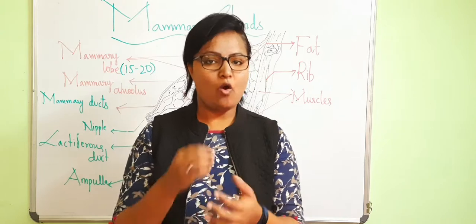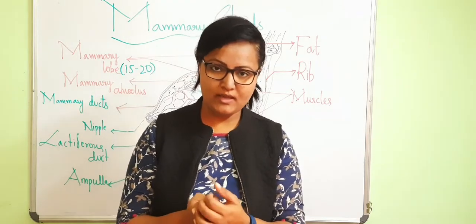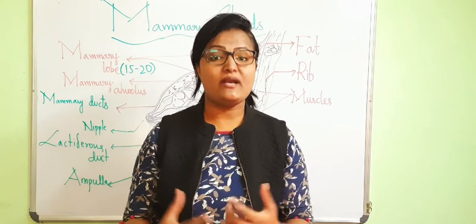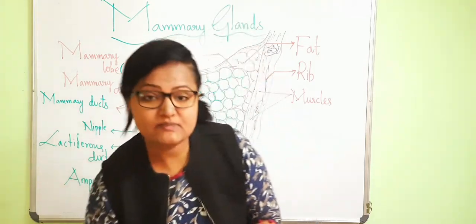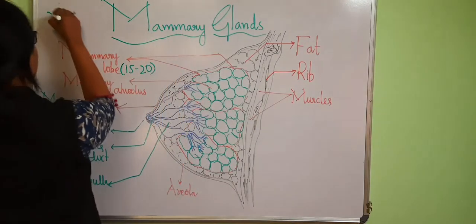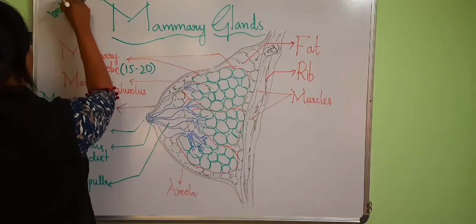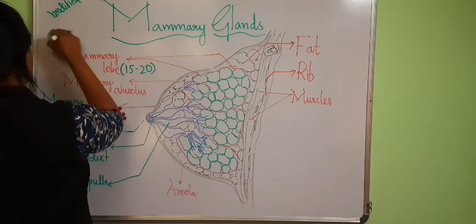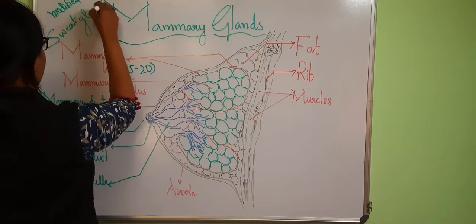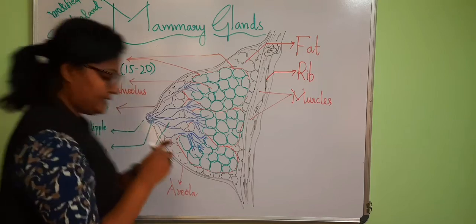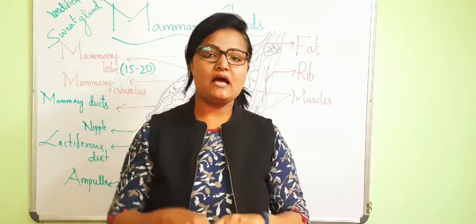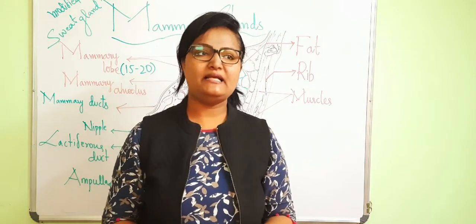Mammary glands are always in pairs, and they are modified sweat glands. Hence we can say mammary glands are made up of glandular tissues.